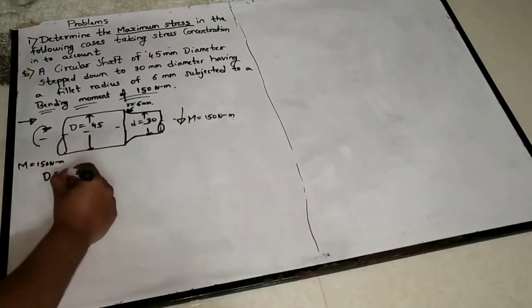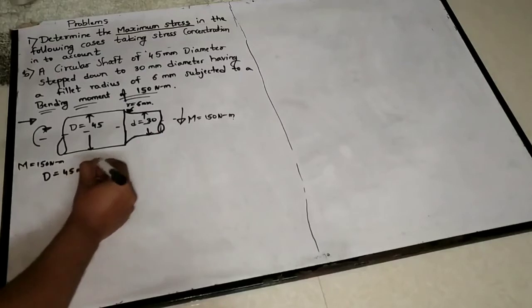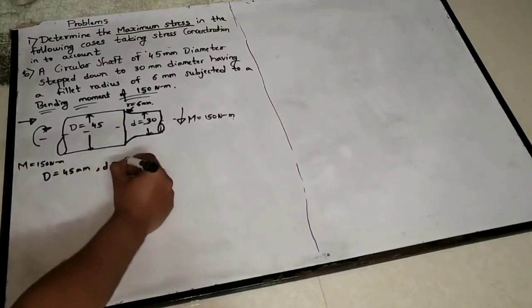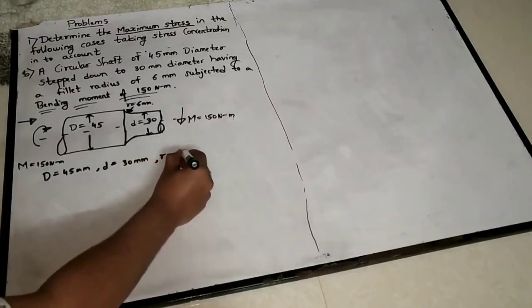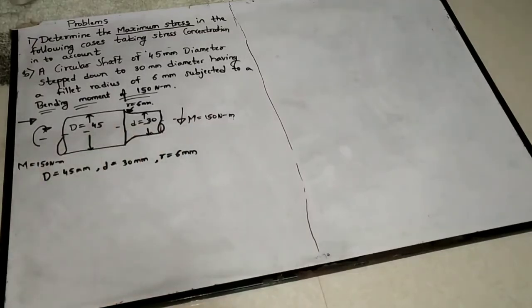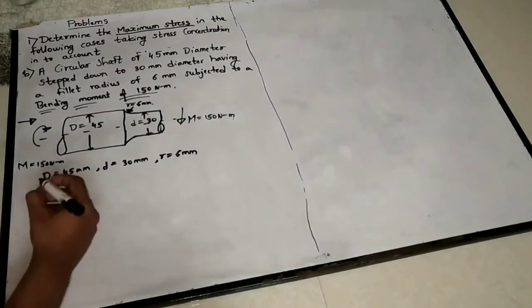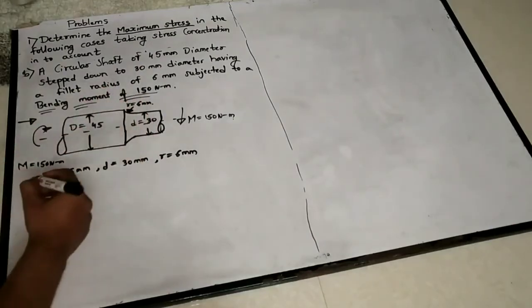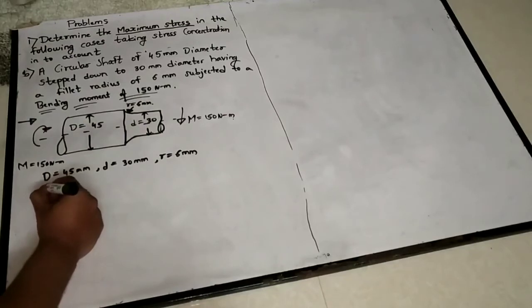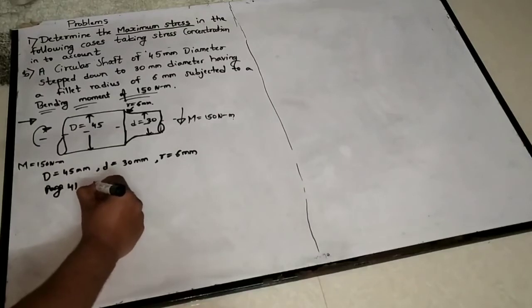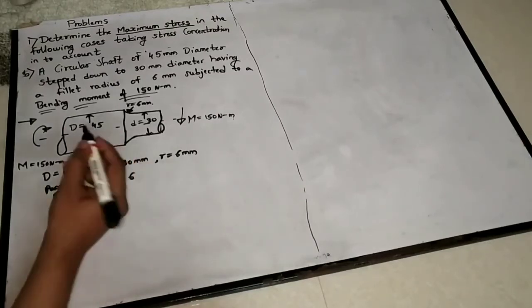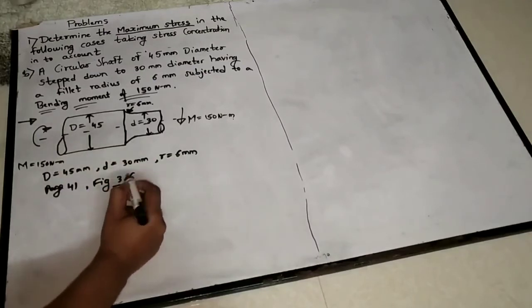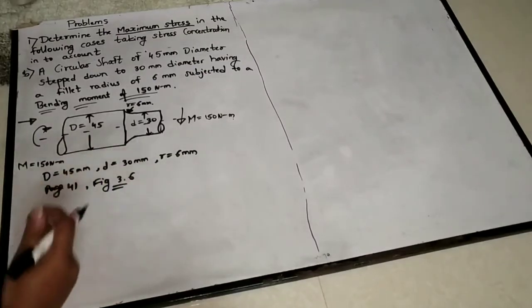Capital D is equal to 45 mm and small d equal to 30 mm. And fillet radius R equal to 6 mm. Okay. So I'll write that page number. You refer page number 41 design data handbook, figure 3.6. So we are supposed to use this figure, so we'll see in today's lecture only.